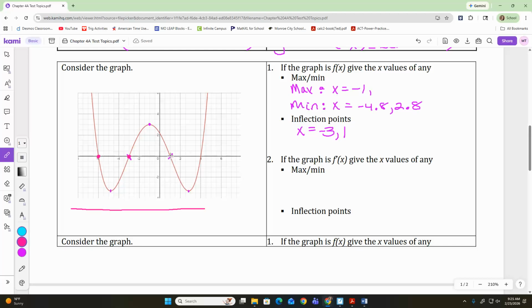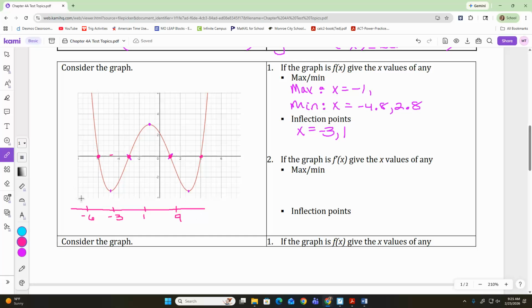So we have 4 of them here. Now you don't have to write out a sign line, but I'm going to illustrate something here. So our first derivative is 0 at -6, -3, 1, and 4. So those are the places that could be our maxes and mins.